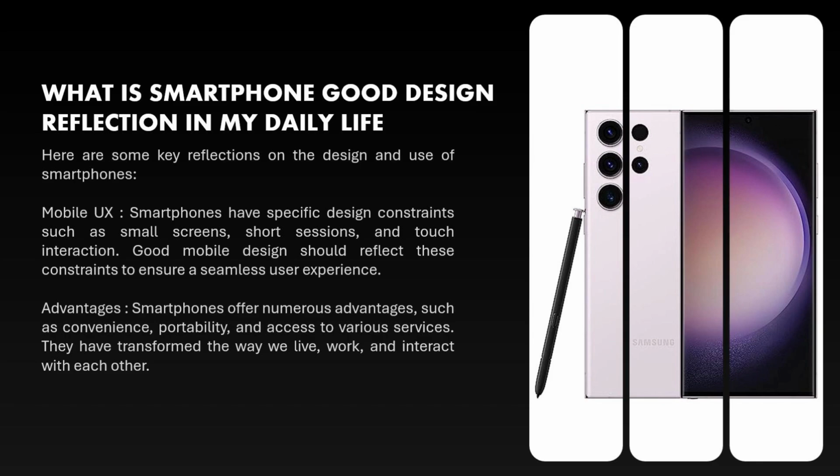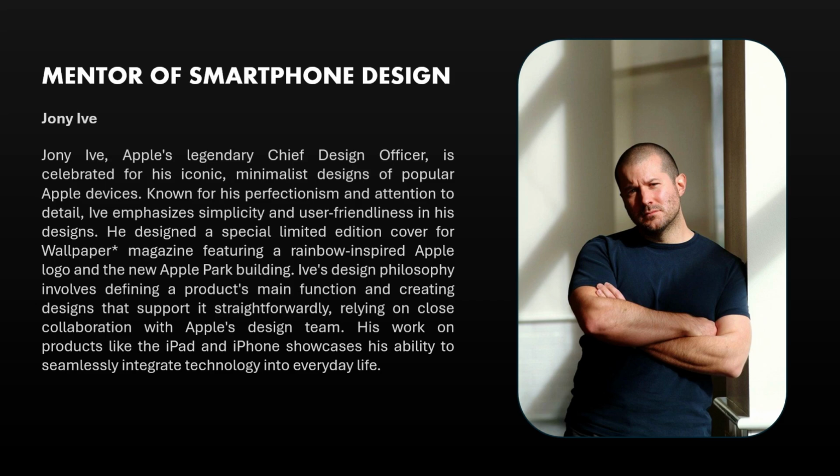Good mobile design should reflect these constraints to ensure a seamless user experience. The second one is advantages. Smartphones offer numerous advantages such as convenience, portability, and access to various services. They have transformed the way we live, work, and interact with each other.